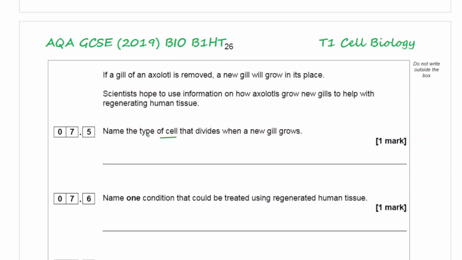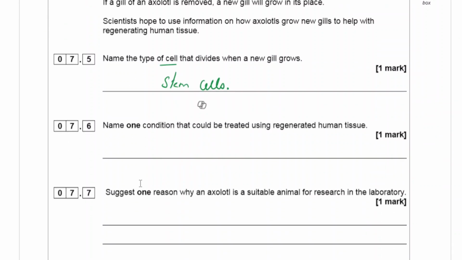Nearly misread it. Name the type of cell that divides when a new cell grows. That's actually stem cells. See, initially looking at it, I thought they were asking about the type of cell division, and I nearly wrote mitosis.